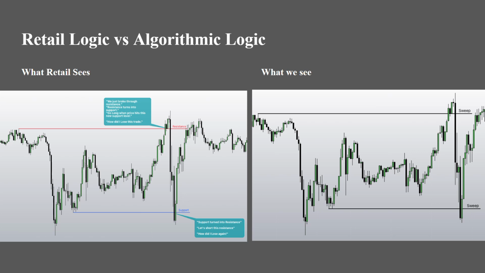As it comes down to the support level, their logic tells them to go long. Price disrespects that support, stops them out. Support flips into resistance according to their logic. They will go short upon the retest. But what happens? Price reverses, disrespects the level once again, and distributes higher, making its intended move.